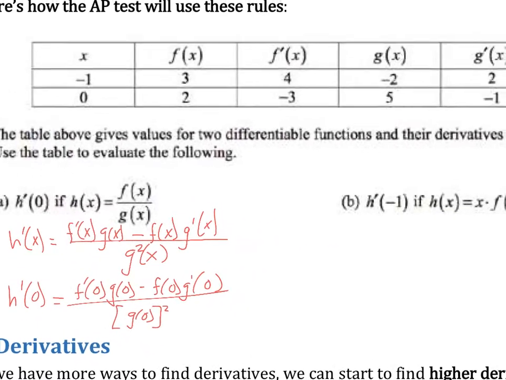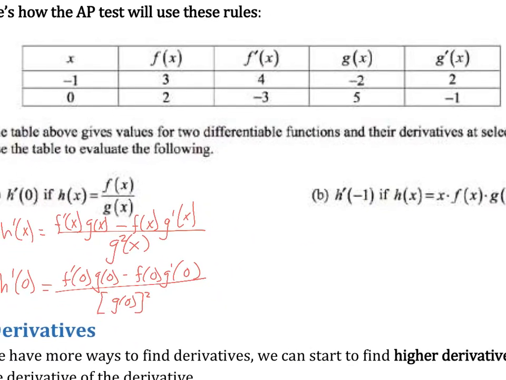Well, what are these values? Let's go to our table here. So f prime of 0 is -3. So we have -3. g of 0 is right here, 5. Minus f of 0, 2. And then we have g prime of 0.